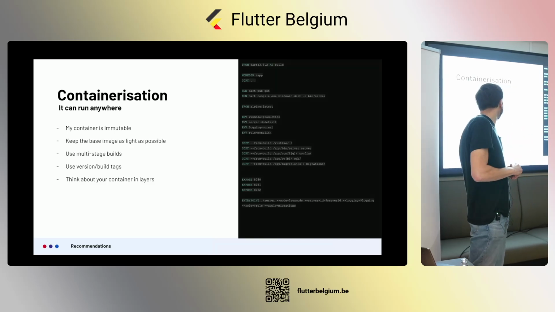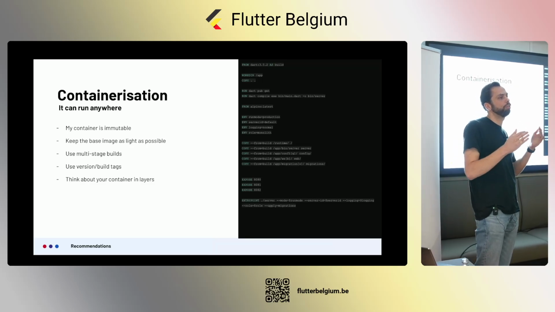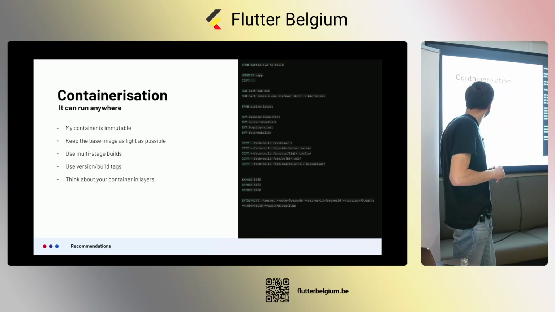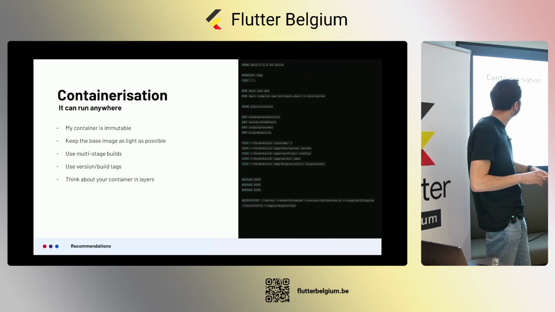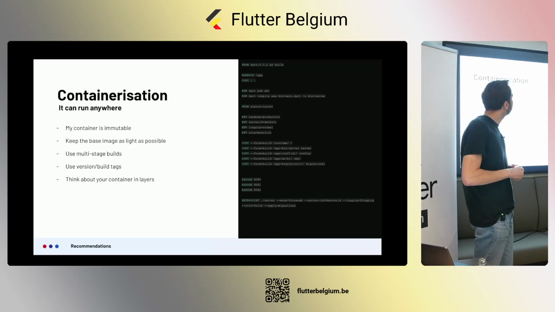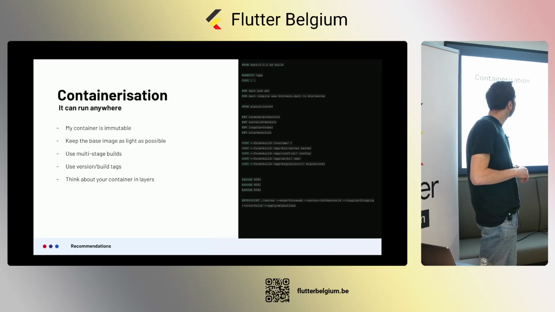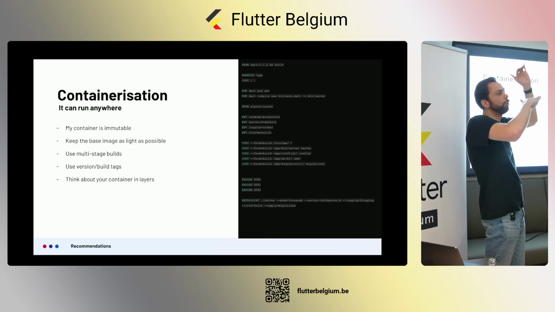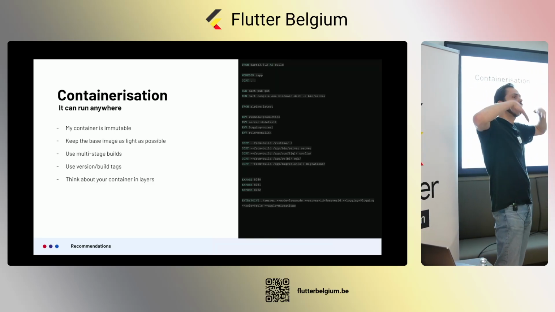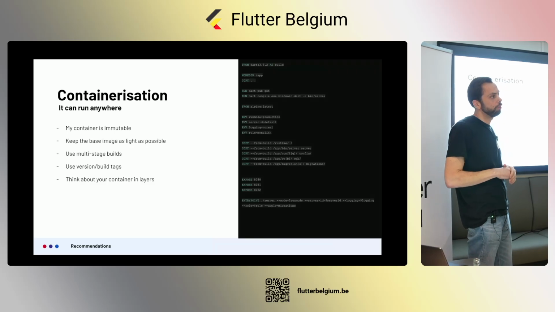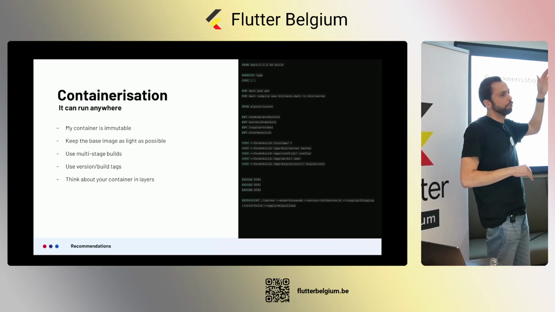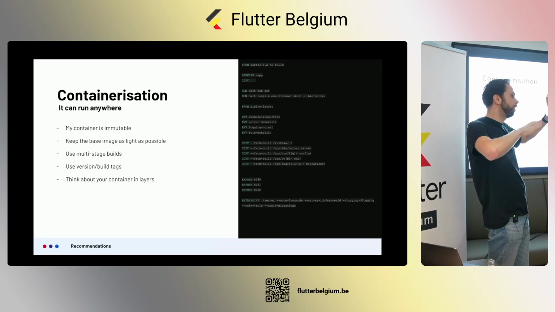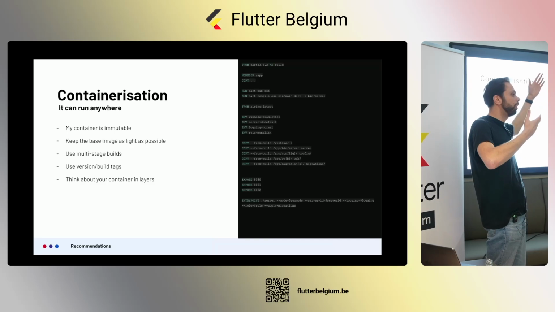So you have to think about where you store files. You don't store them in a container, you store them somewhere different. Keep the base image as light as possible. You always see at the top, it's using Dart 3.5.2, for example. It's important that the base image that you use is as small as possible, because if it's very large, it can contain more possibilities for security vulnerabilities, because it usually contains a kernel needed to run Dart, for example.